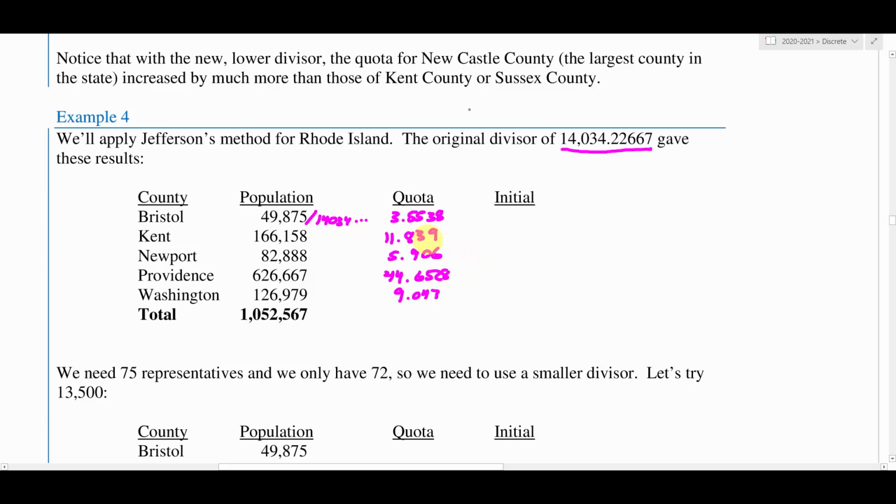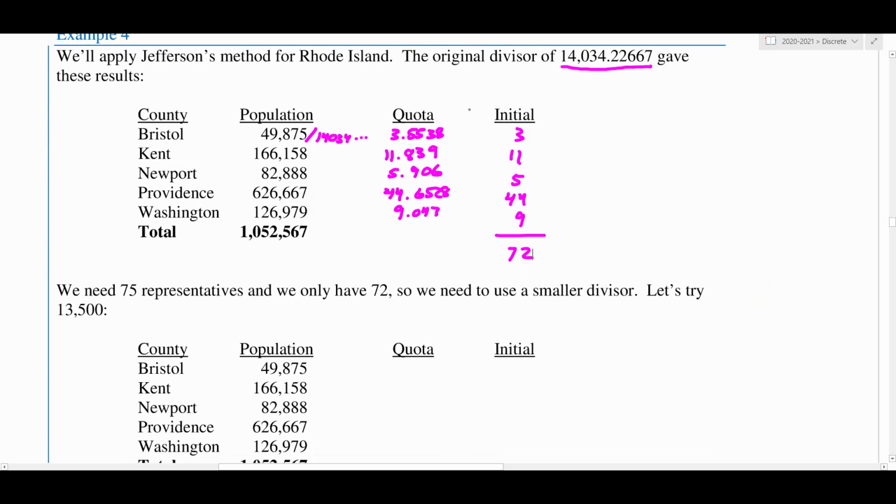And then we would ignore the decimal parts and do our initial apportionment here. So we would get 3, 11, 5, 44, and 9. And when we add those up, we would get 72 representatives apportioned, right? Which we already know that's not enough. We had the same problem when we did the Hamilton method, right? So we've got 3 bonus representatives that we need to get apportioned here.